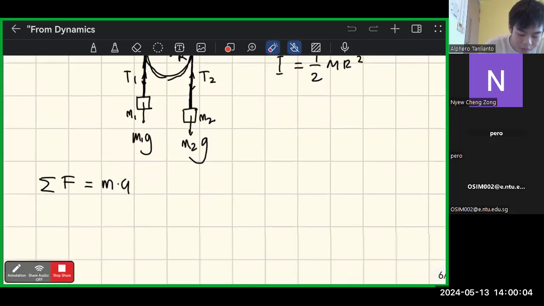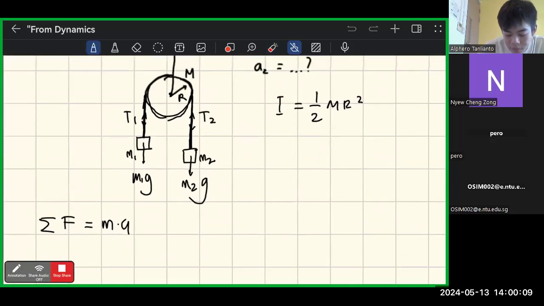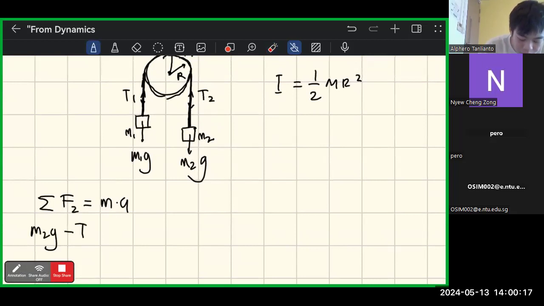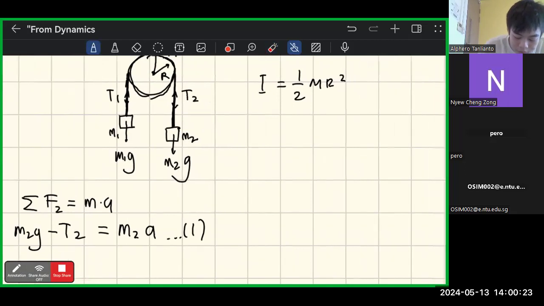Okay, so sigma F equals ma. Then for sigma F2, we have M2G minus T2 equals M2 times A. This is our first equation.